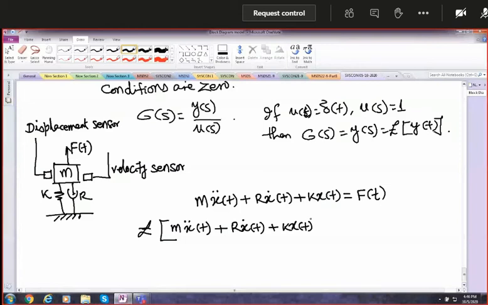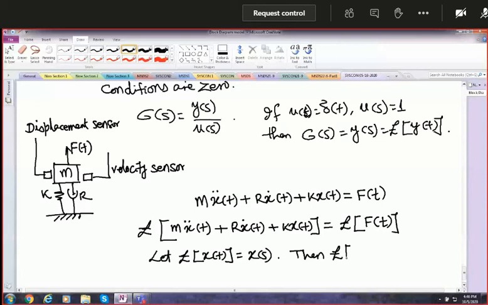Let the Laplace transform of x t equal X(s). Then the Laplace transform of x dot t is s times X(s) minus x0. This x0 is 0. Initial condition is 0.